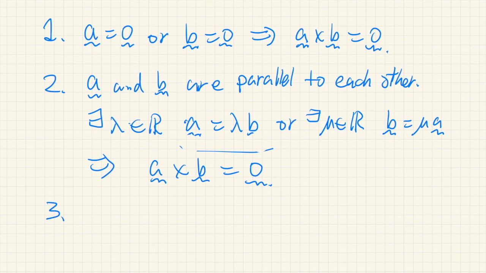And third, A cross B, if we swap the order, then the result is negative of B cross A. So that means cross product is not commutative.